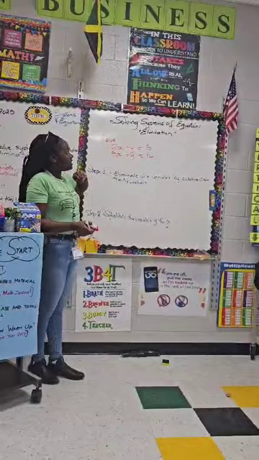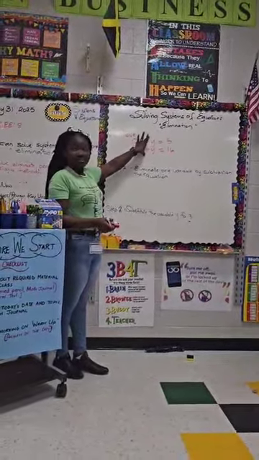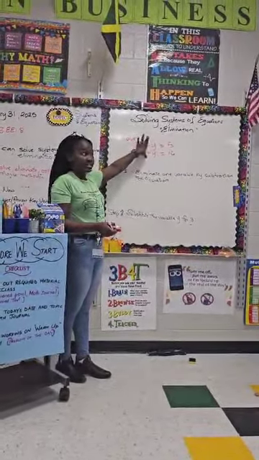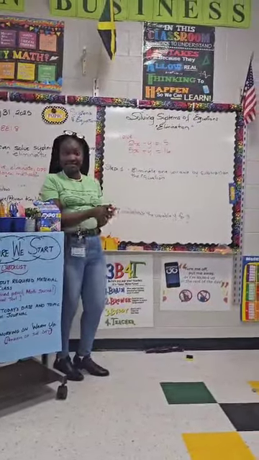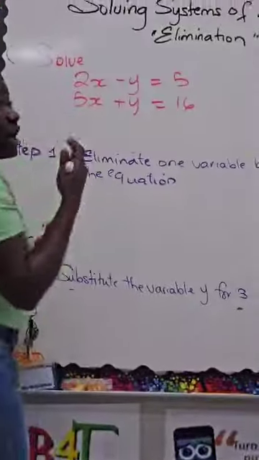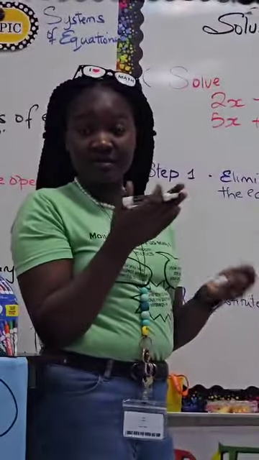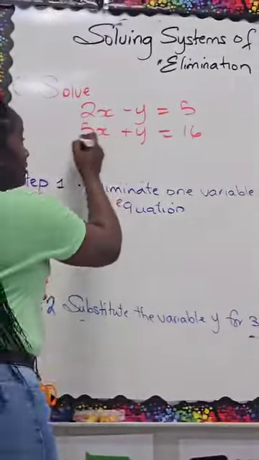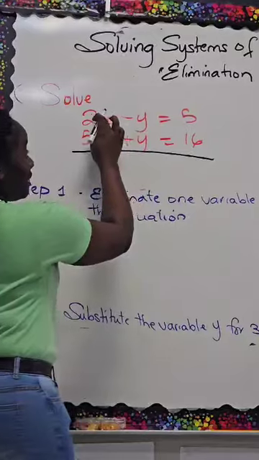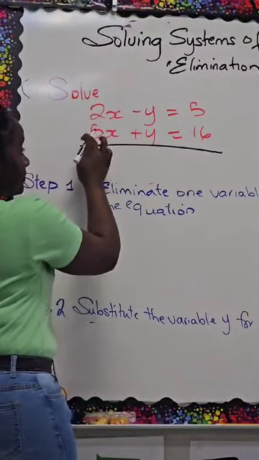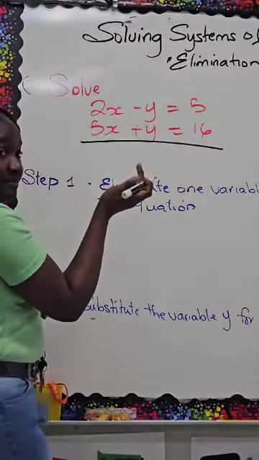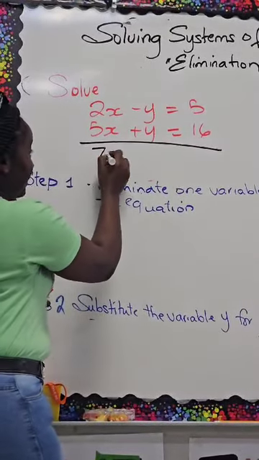So right away, I know that these two terms can be eliminated automatically. So I don't need to write a subtraction sign for this one. So look at this. 2x plus 5x is 7x.